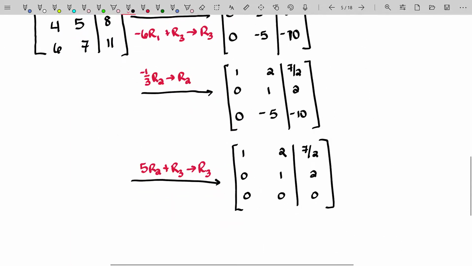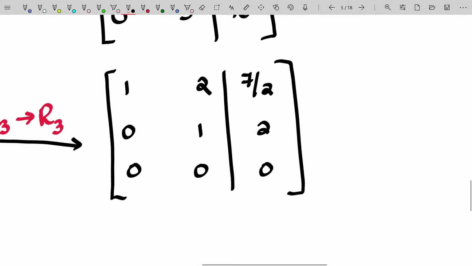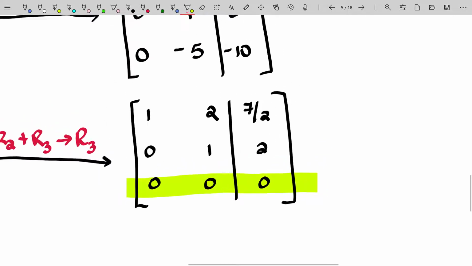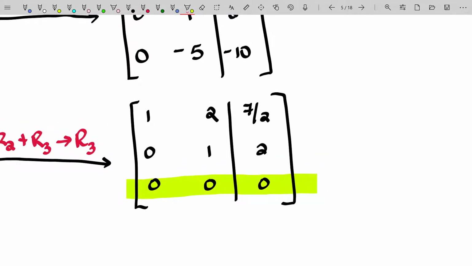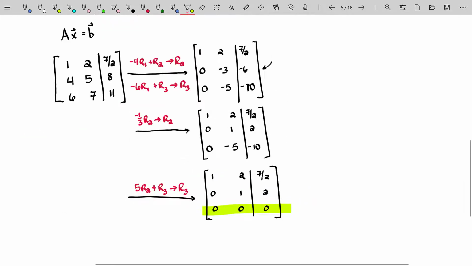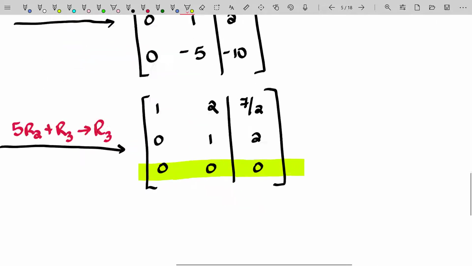I want to pause right here for two reasons. The first being the fact that a lot of students think if you have a row of zeros in an augmented matrix that you have an infinite number of solutions. I'm going to tell you right now, there's not an infinite number of solutions to this system, the linear system we started with, or the matrix equation, I should say.